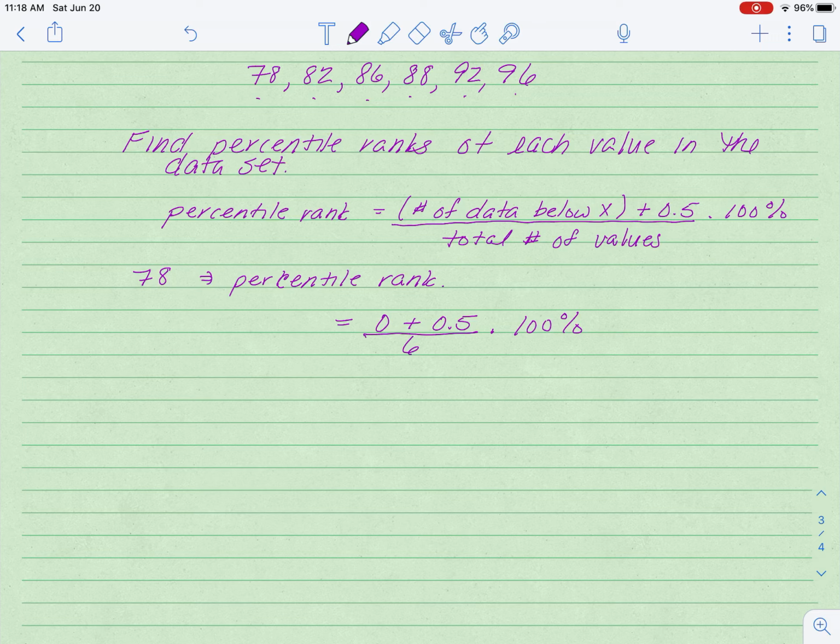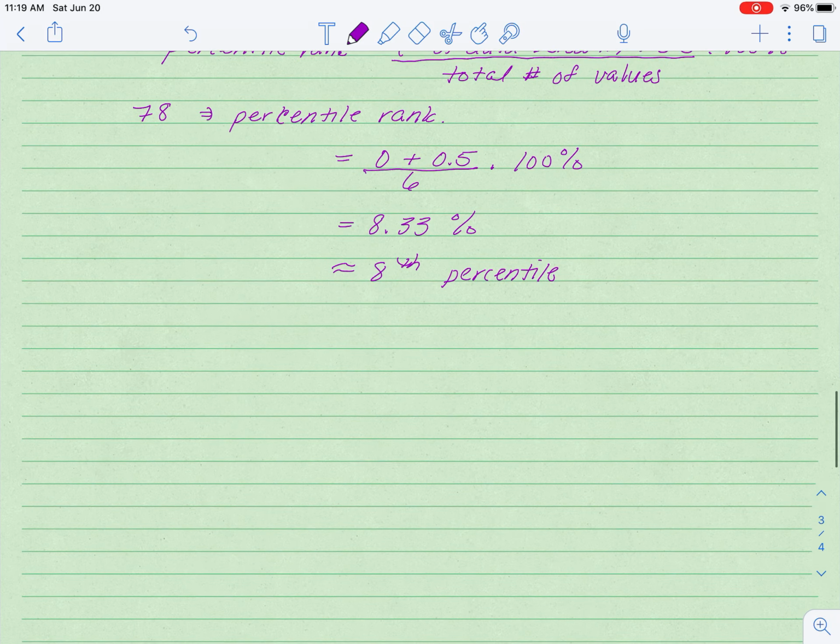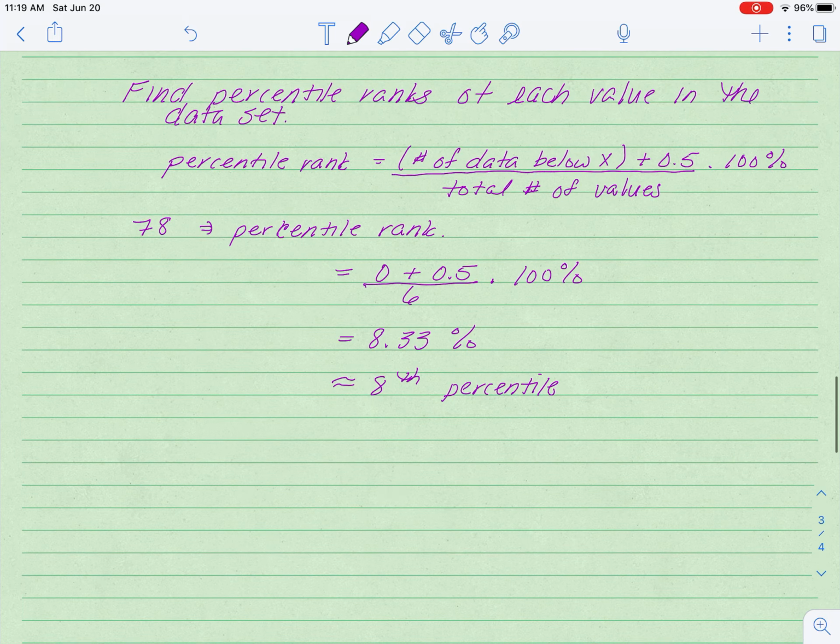So first 0.5 divided by 6, and then we multiply that by 100, and we get 8.33%. Now, remember, percentiles go in integer values. So this is approximately the 8th percentile. So 78 is approximately at the 8th percentile.